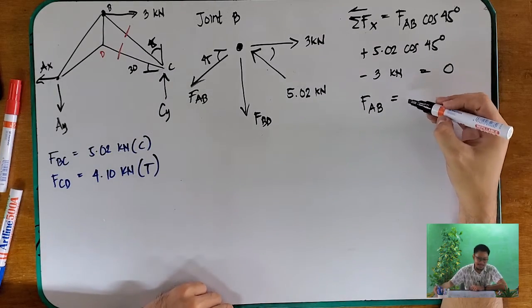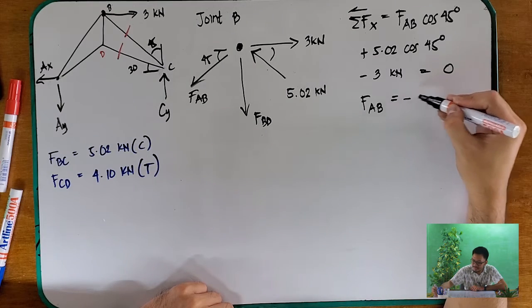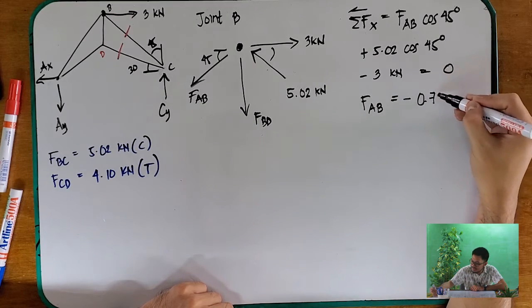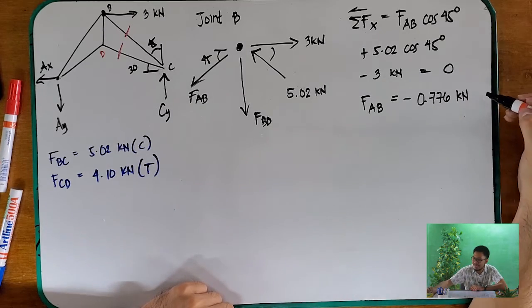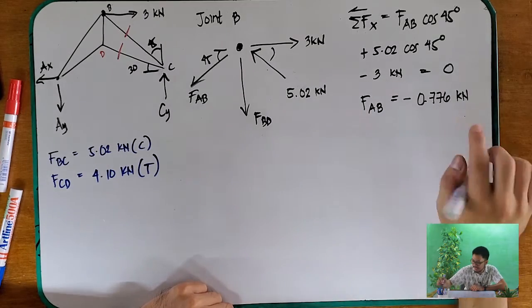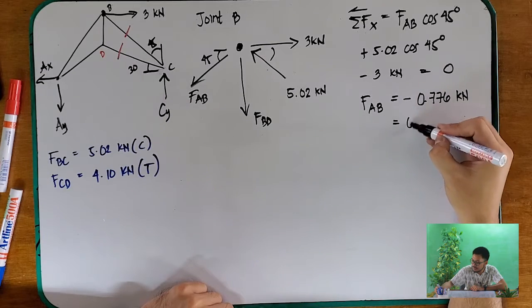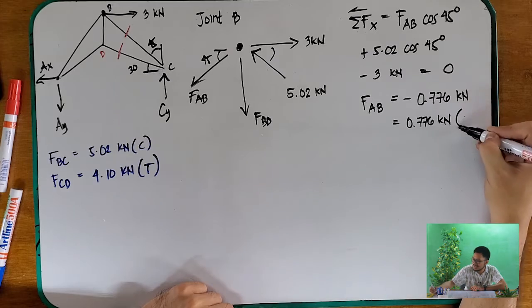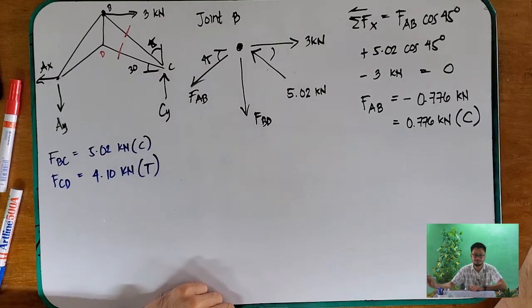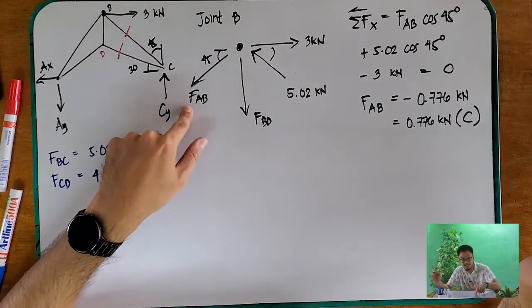So your FAB has an answer of negative 0.776 kilonewtons. Since this one is negative, let's make it positive, 0.776 kilonewtons, and that is in compression. So we learned that this one is in compression.